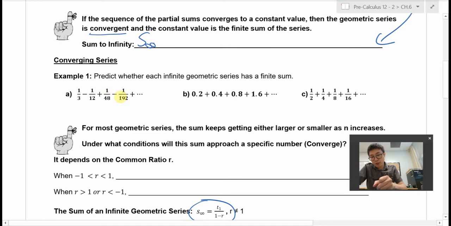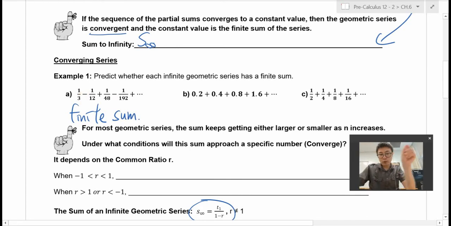You can see the numbers are getting smaller and smaller. I know one of them is adding and one is subtracting, but the numbers that we're adding or subtracting are getting smaller and smaller. So we probably will get a finite sum. This one will get a finite sum because, again, the numbers are getting smaller and smaller. When we add, you're adding closer and closer to 0, which means you're not really adding anything if you're adding almost 0.